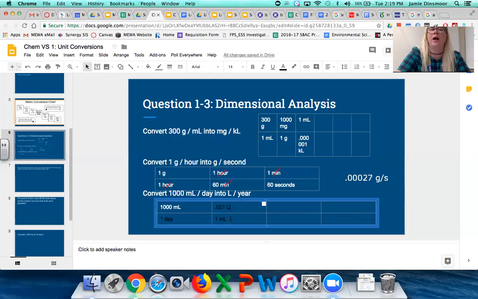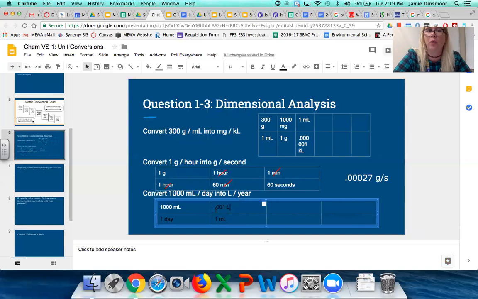You're lost on the fact that we could use 1,000 milliliters in 1 liter? Yeah, so then don't worry about that. You can do it this way. There's multiple ways to do this. Some things are going to click for people that don't necessarily click for you, and that's fine, right? This is the way that I personally would have written it out the first time that I ever did this. I usually go based on whatever unit I'm starting with, I convert from there. However, the way Oliver did it is 100% fine.